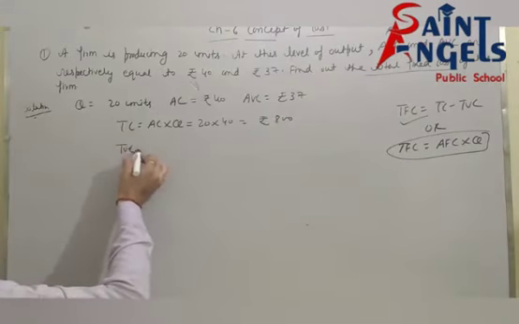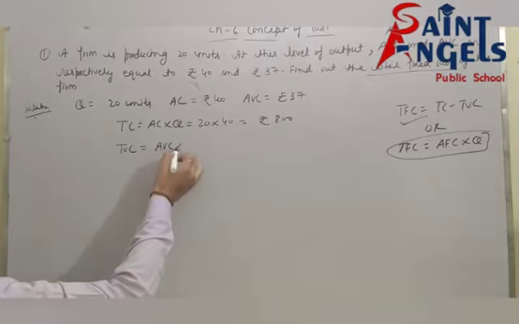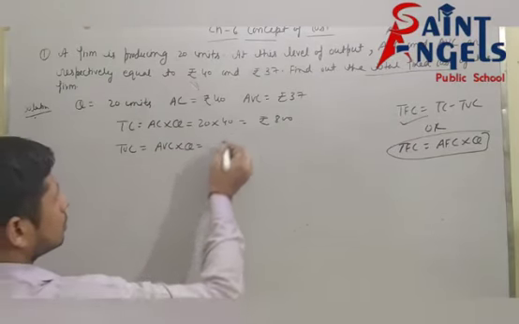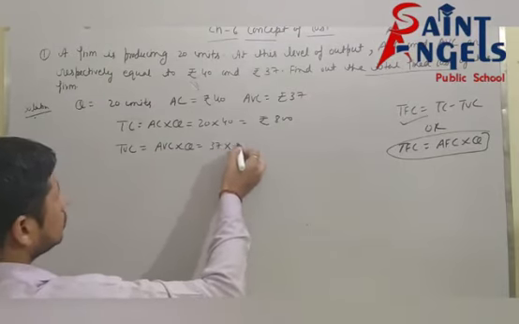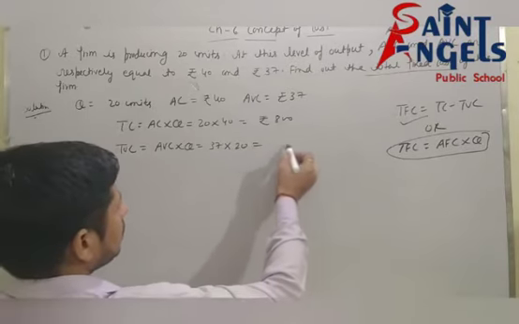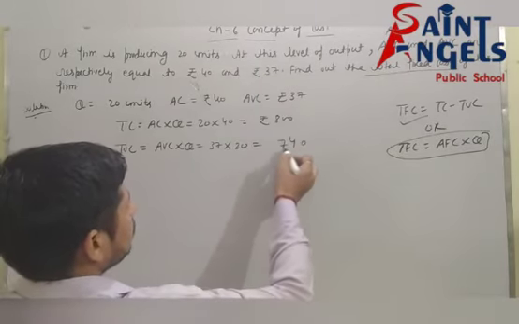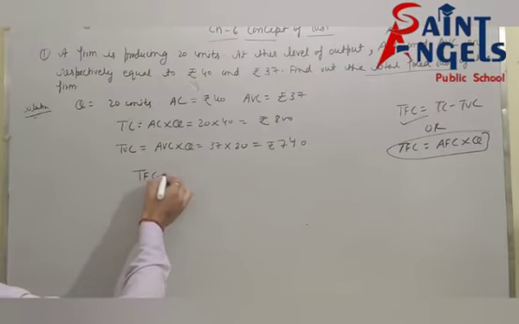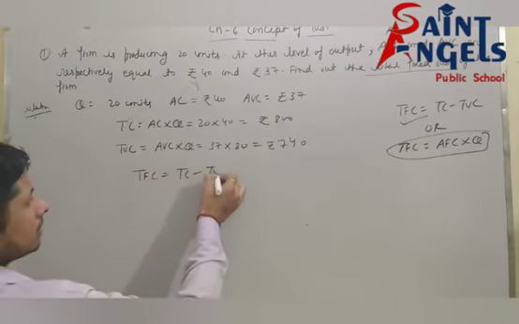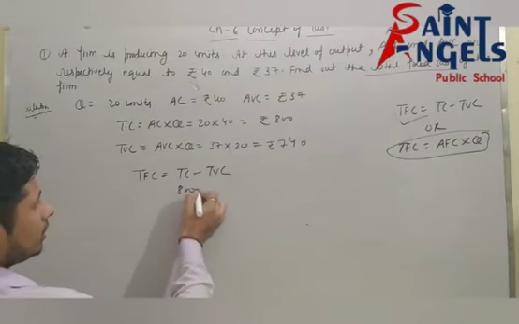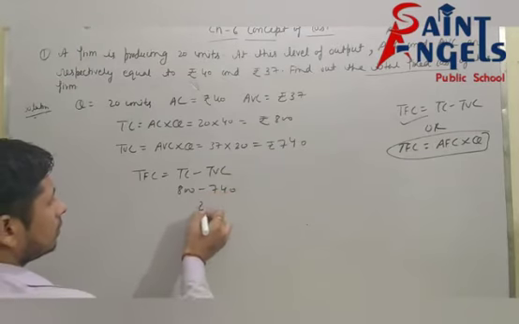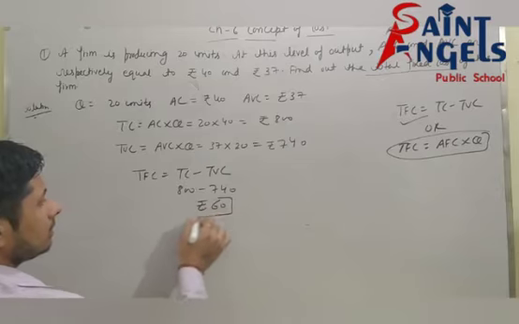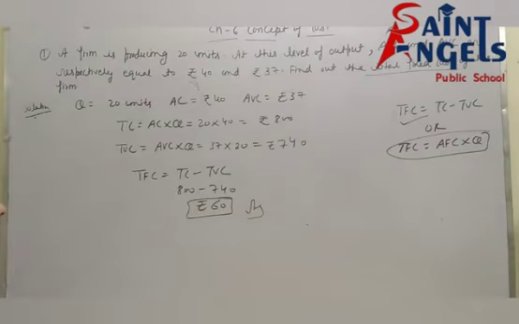The formula of TVC is AVC into Q, 37 into 20, rupee 740. And the formula of TFC is TC minus TVC. So 800 minus 740 means rupee 60 will be the final answer of this question.